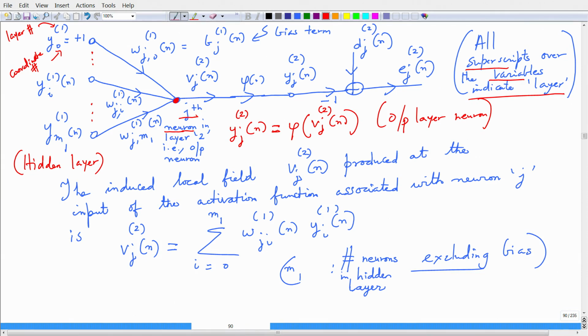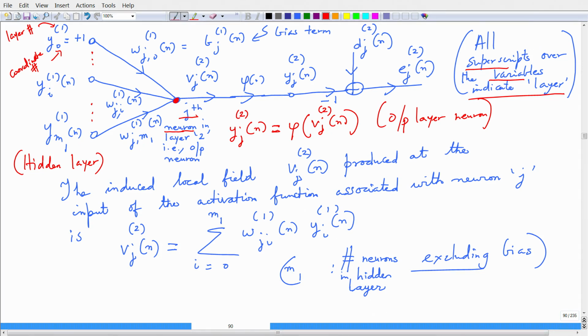Again, to recall, the superscript is the layer number, and in the braces it is the time instant, and j comma i indicates the connection: the jth neuron in the output is connected to the ith neuron in the previous layer. Similarly, the jth neuron in the output layer, which is layer 2, is connected to the m1th neuron in the hidden layer by wj comma m1.